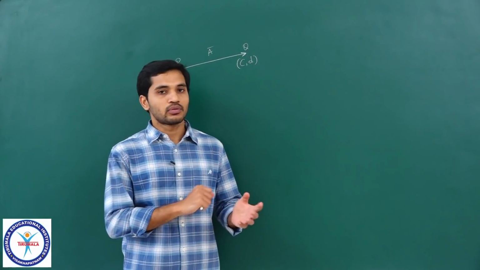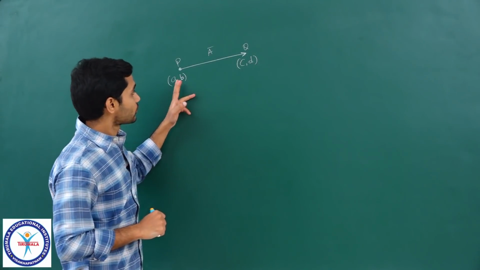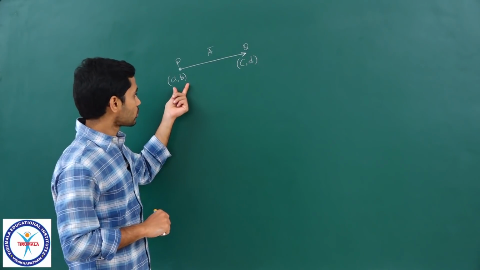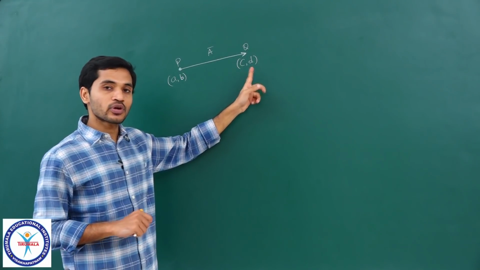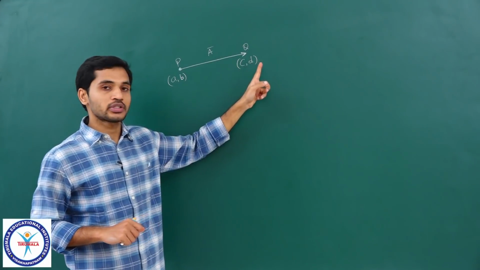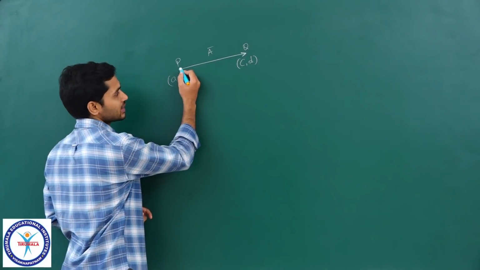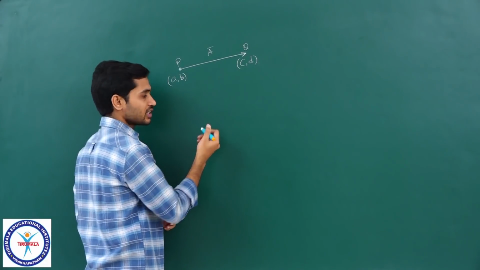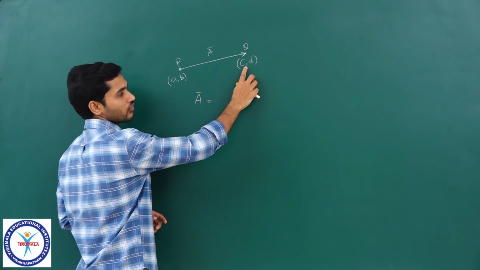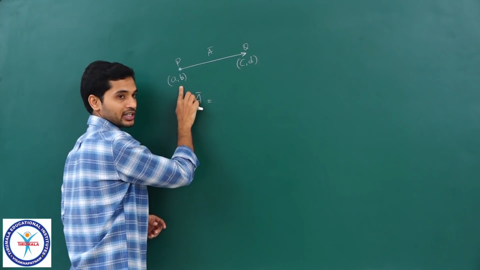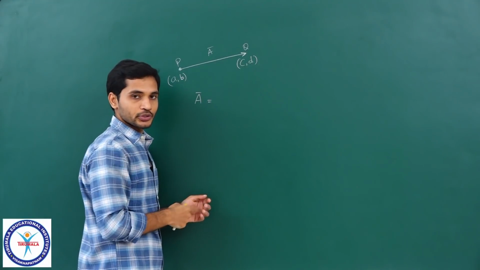So students, what that basically means is that if you have 2 points P and Q, with coordinates a comma b and c comma d, you can directly write the expression for the line joining or the vector joining the 2 positions, right? Look at the initial position and final position clearly and write the coordinates like this. So a bar is equal to final coordinates minus initial coordinates multiplied by their corresponding unit vectors.